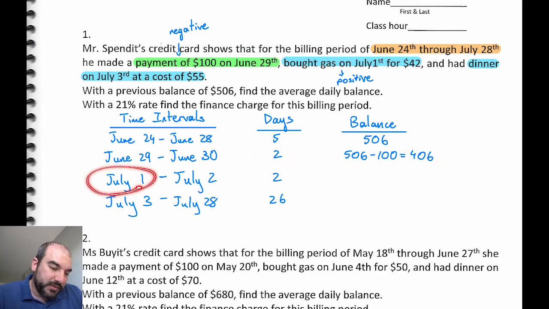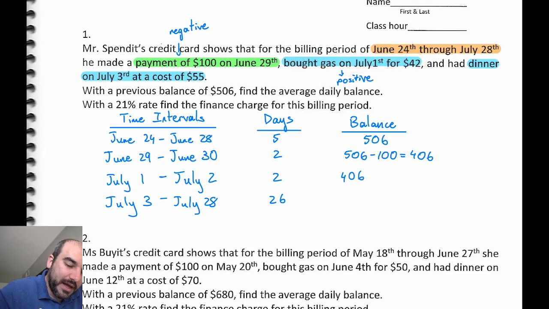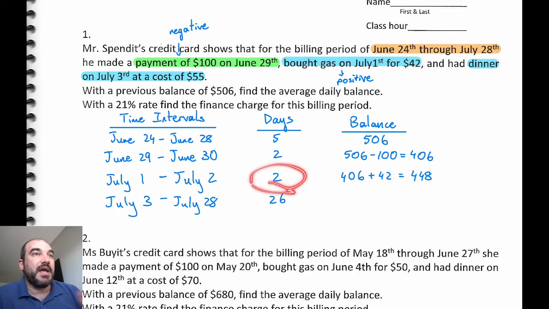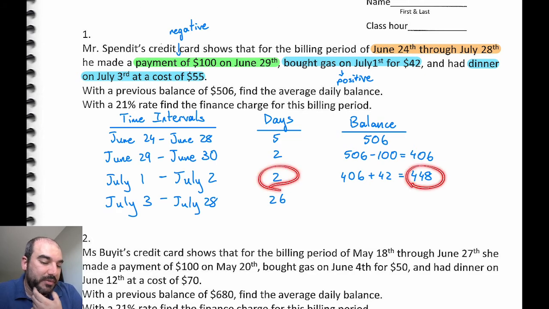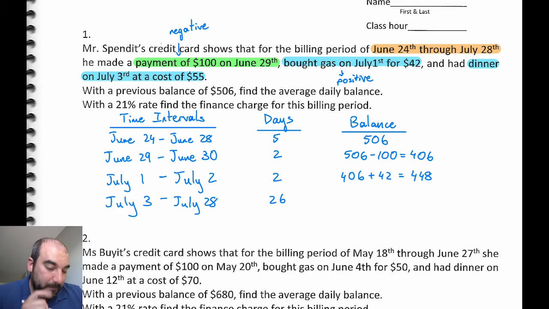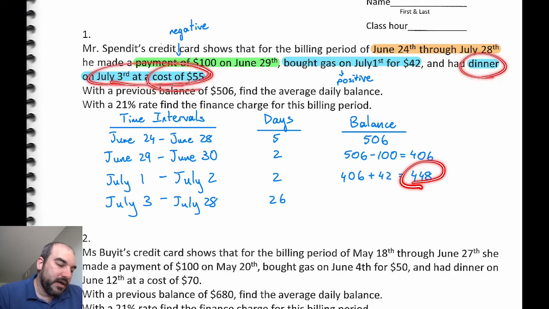And then on July 1st, what did he do? He bought gas for $42. And that's going to increase the balance. So we take the balance that we had, we add 42 because he bought gas for $42, and it's going to be $448 for those 2 days after that, or the day he bought gas, and the next day, the balance is going to be $448. And then while it's $448, on July 3rd, he paid for dinner, which was $55.